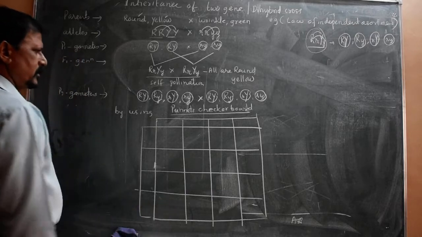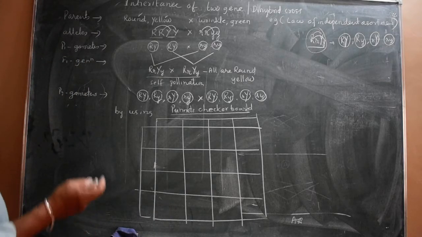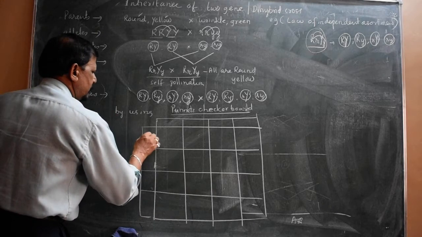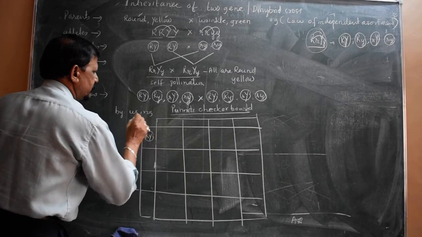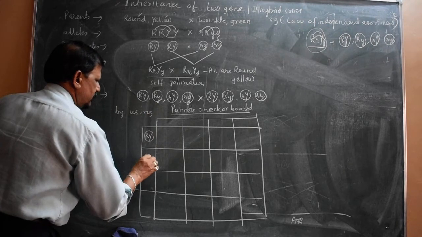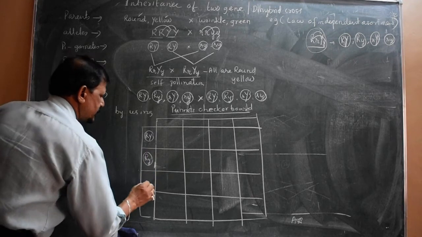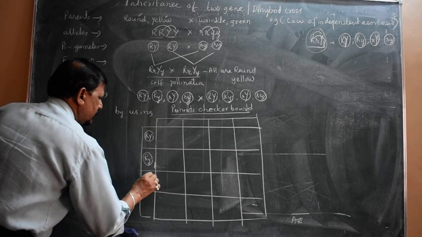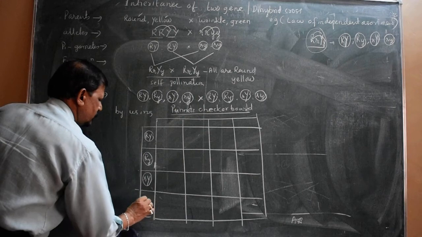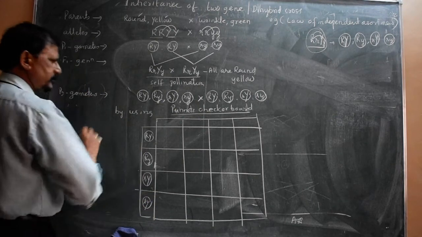So like this. This is the checkerboard system. Then we have to write capital R, capital Y. Next, capital R, small y. Next, small r, capital Y, and small r, small y.